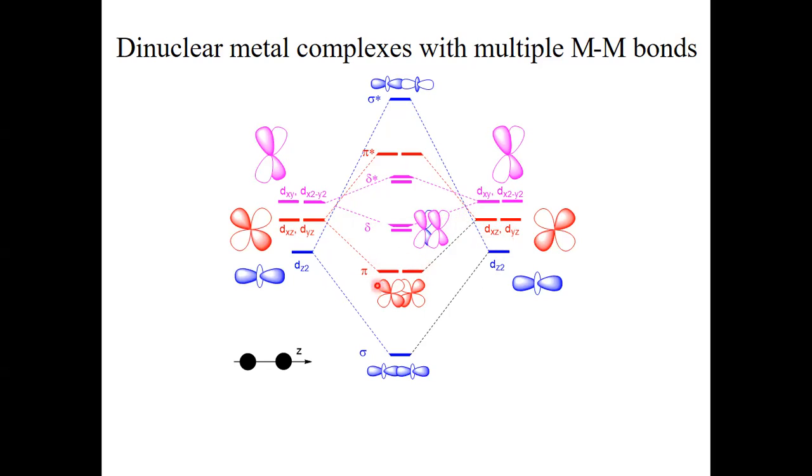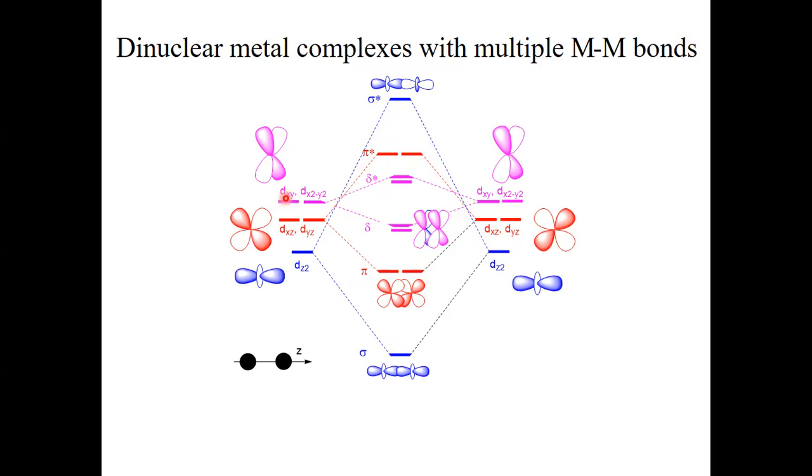That gives these two pi orbitals and these two pi star orbitals. Pi interaction is less strong. Therefore, the energy difference between the pi and the pi star is less than the energy difference between the sigma and the sigma star.